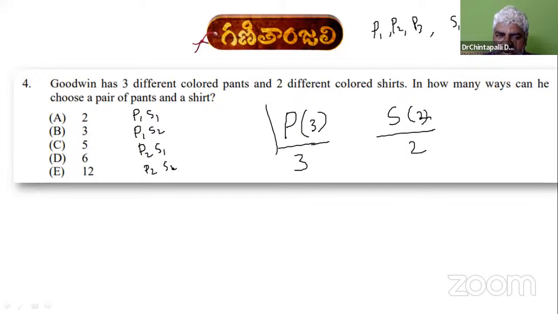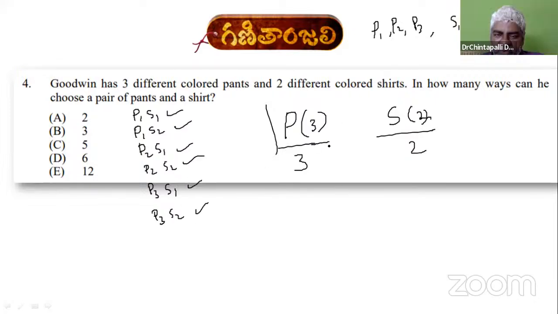Here P2 S2 is not a repetition. There is no chance for repetition. We cannot write P1 P1 or S1 S1. Next, P3 S1, P3 S2. Total number of ways are 1, 2, 3, 4, 5, 6.